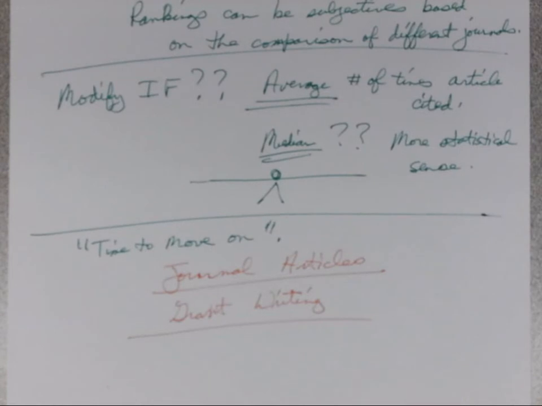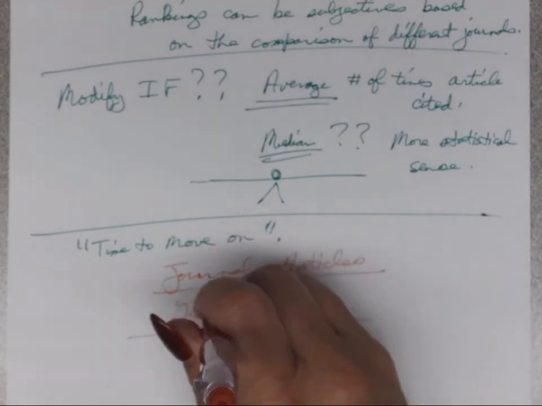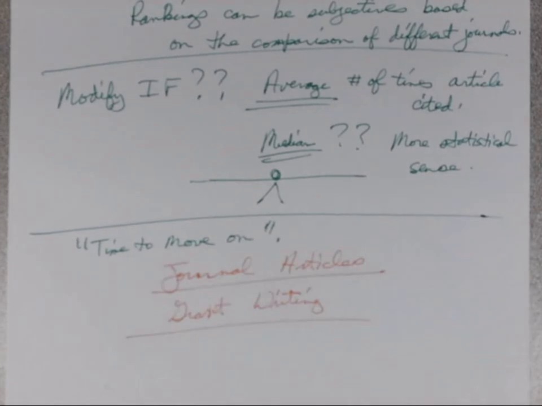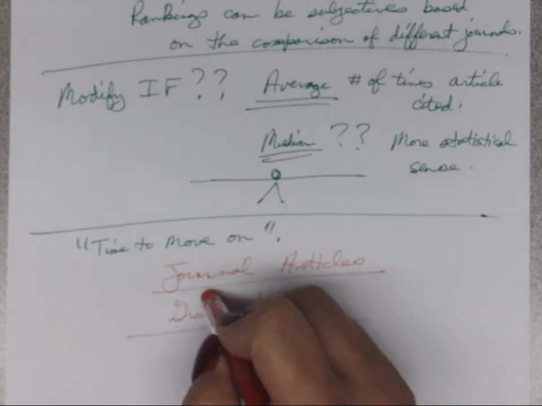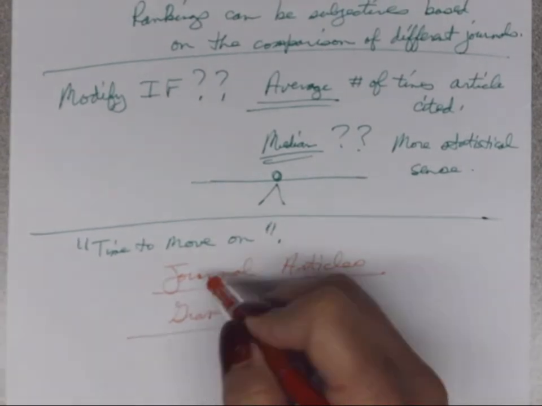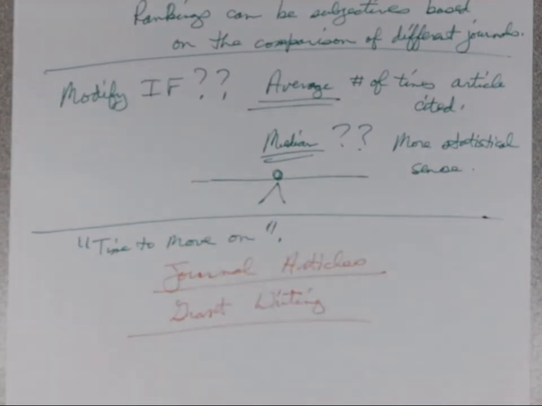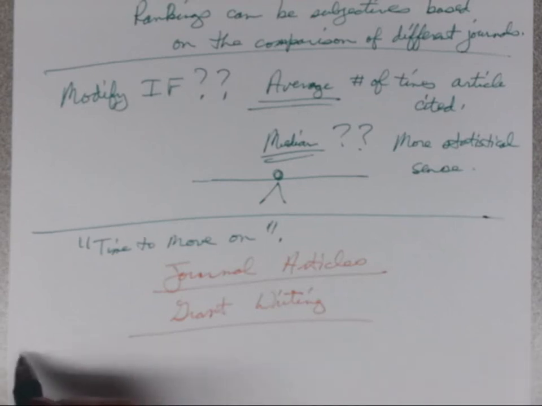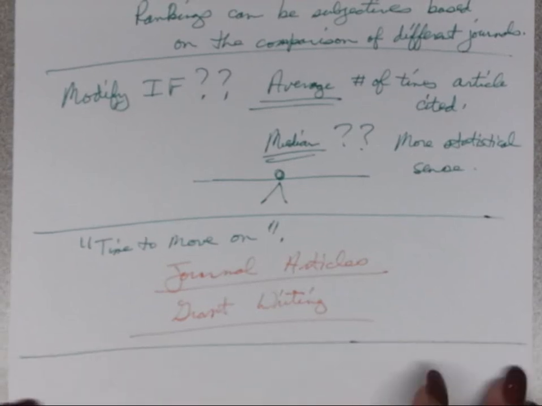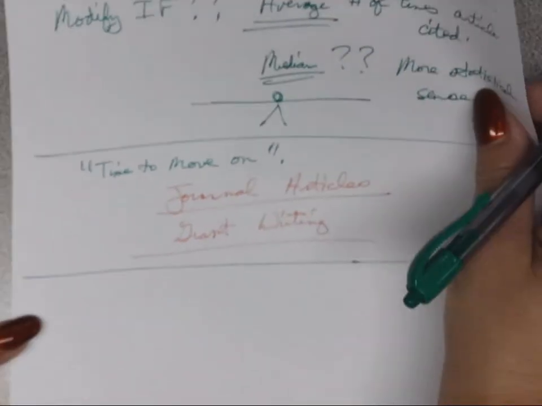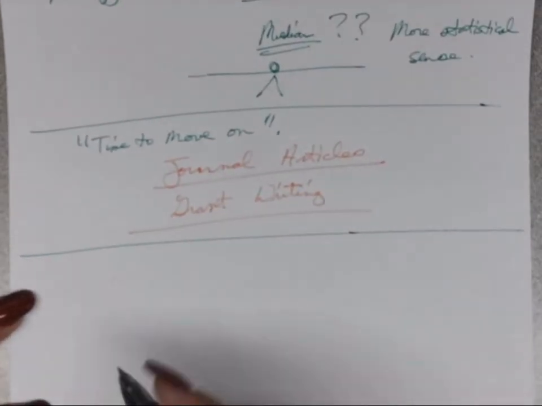Okay, so as we look at that idea of impact factor, what I would like for you to do is go back. Remember, you've already told me a journal that you would like to be published in, right?